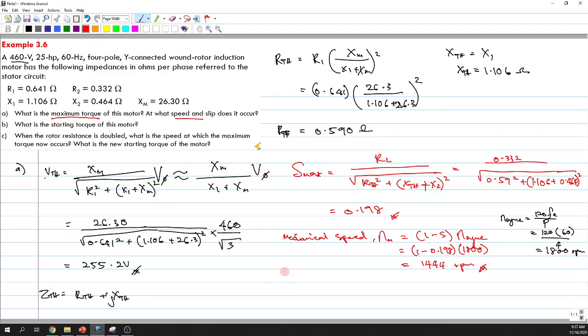And the torque, the max torque, or T max, the induced maximum.